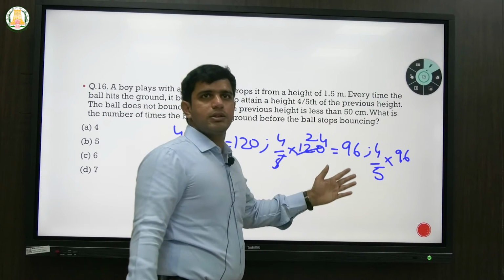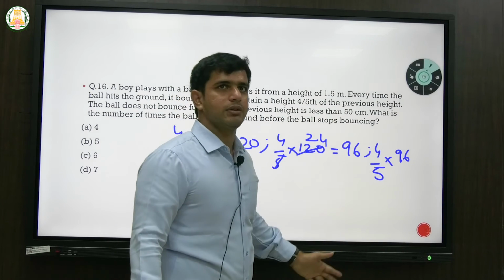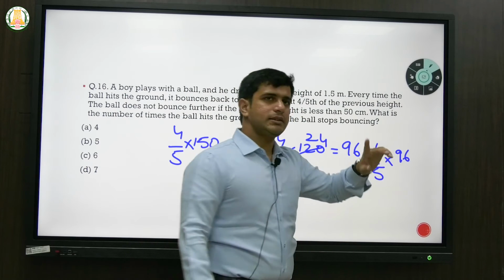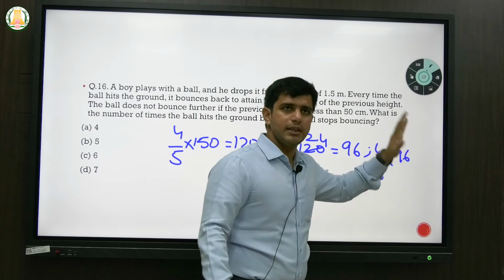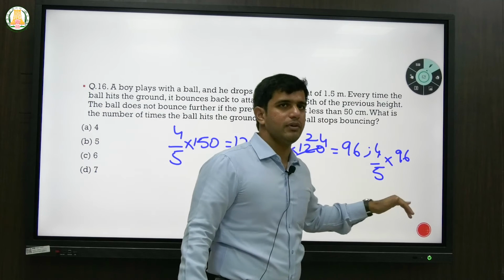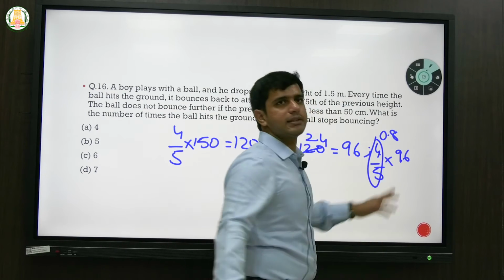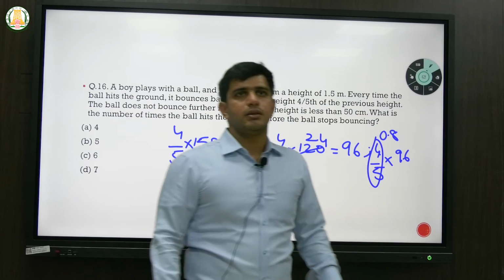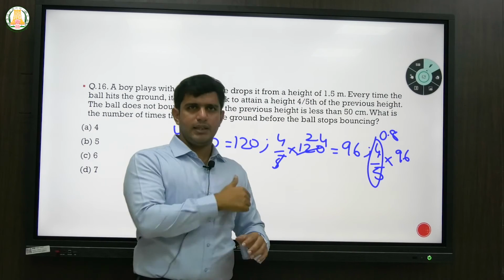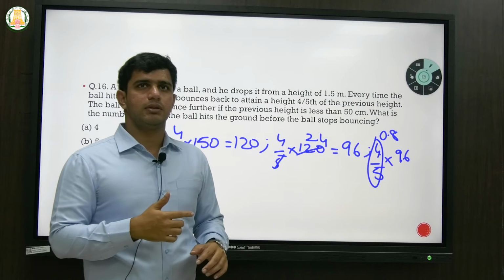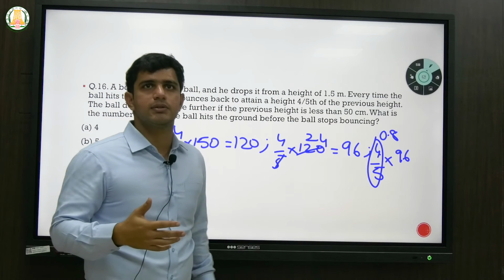I mean, you still have to do the same multiplication, right? You have to multiply 4 into 96, then divide by 5. Instead, what I did is convert this into 0.8, multiply 96 into 8 and put a decimal. It will be almost the same. Is there any other advantage you're getting? I'm unable to see anything else.